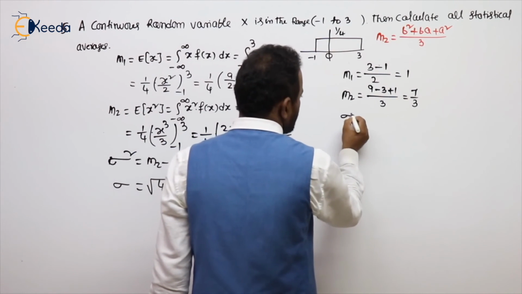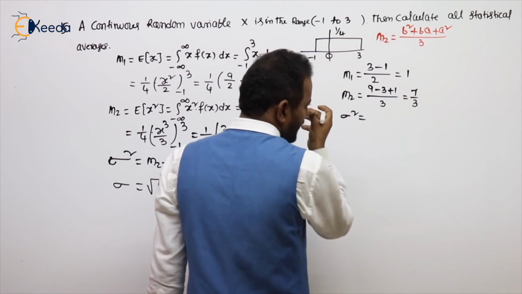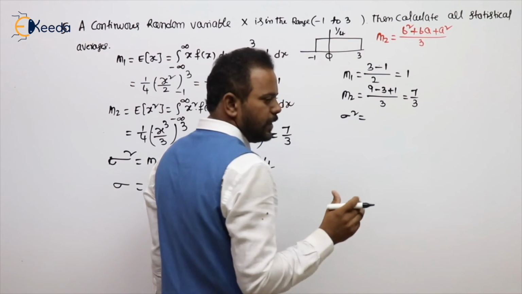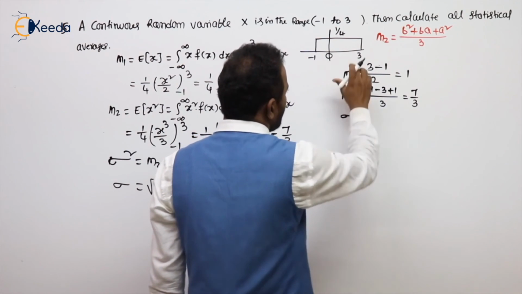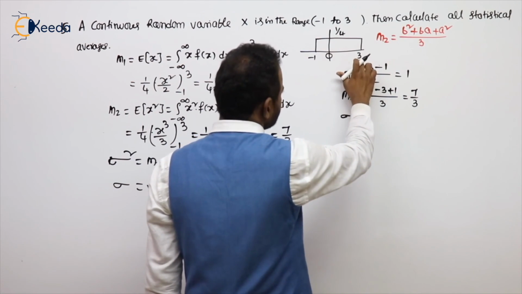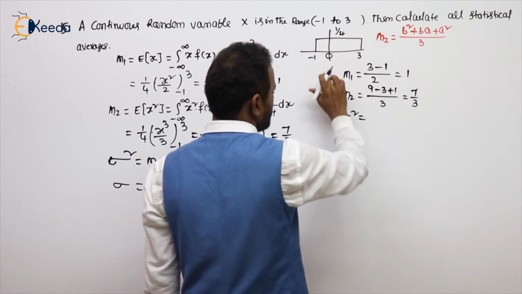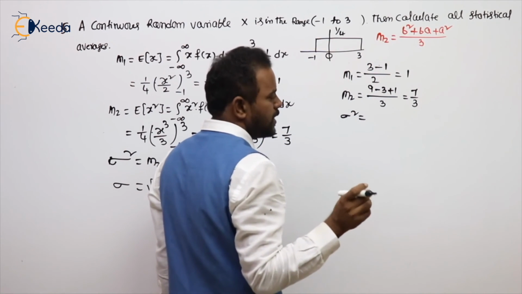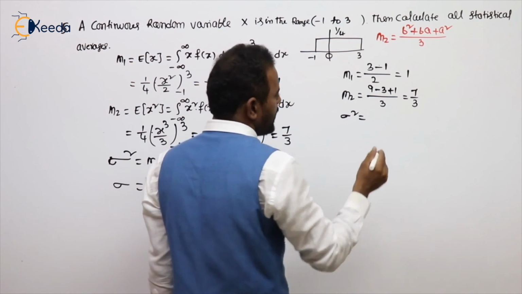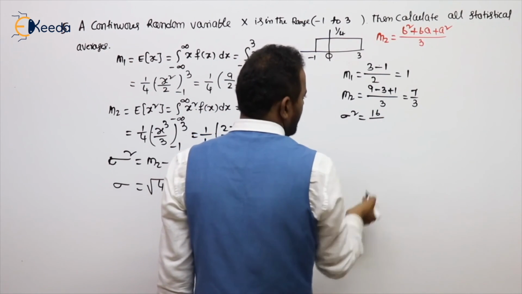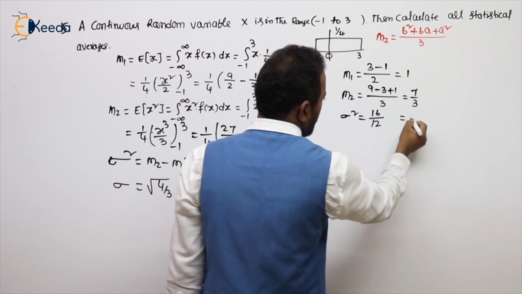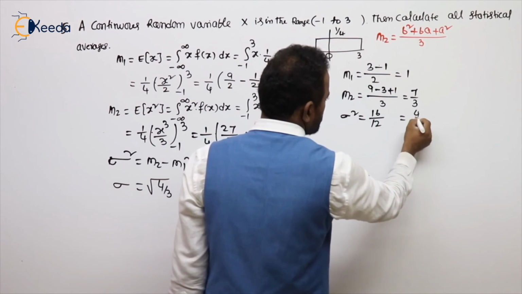Next, what is the variance? (b minus a) whole square by 12 you can write. What are the b and a values? B is 3, a is -1. So b minus a, minus and minus become plus, 3 plus 1, 4. 4 square, 16 by 12. How much? 4 3s, 4 4s, 4 by 3.